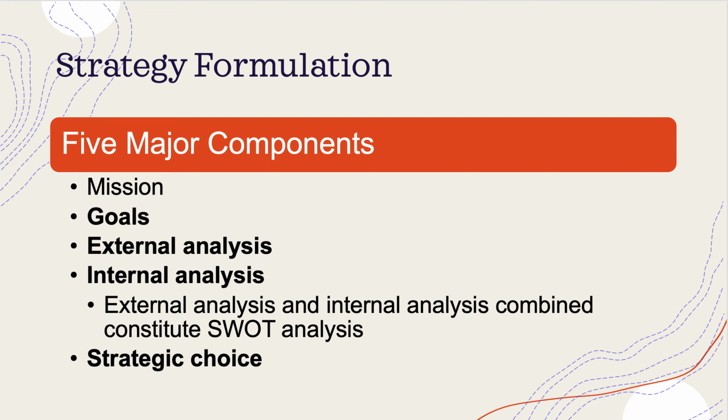External analysis consists of examining your organization's operating environment, and you're doing this to identify the strategic opportunities and the threats. Remember, when you're doing a SWOT analysis, opportunities and threats are always external, and your strengths and weaknesses are always internal.